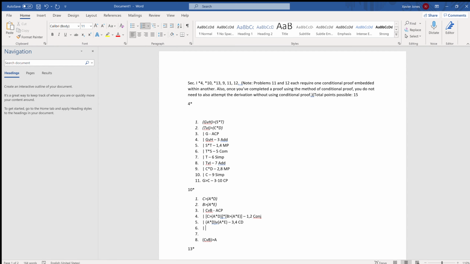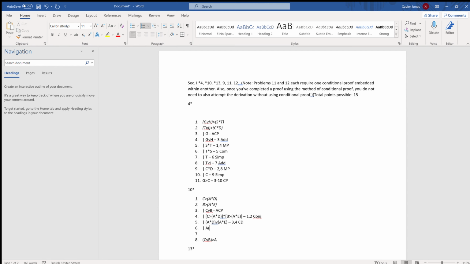So I imagine, based off of the setup, that we're going to be using some sort of distribution, right? So it's blank and blank, or blank and blank. So we're going to have A and D or E, right?